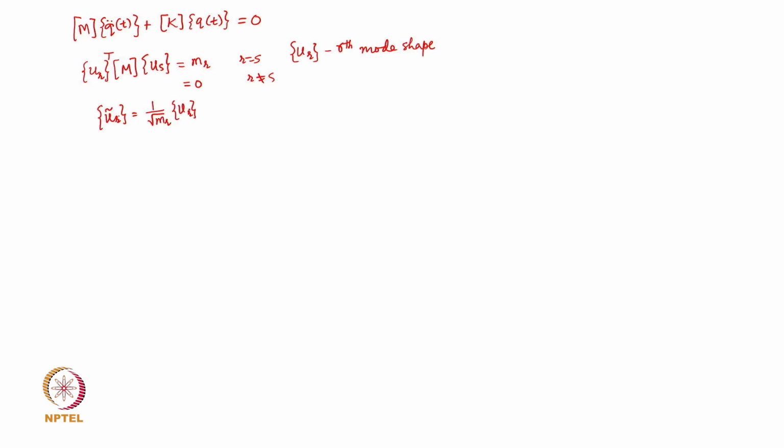Again, this is being done with a specific purpose, and you will realize that shortly. A mode shape can come out as, for example, 1.05, 2.31 and 0.05.